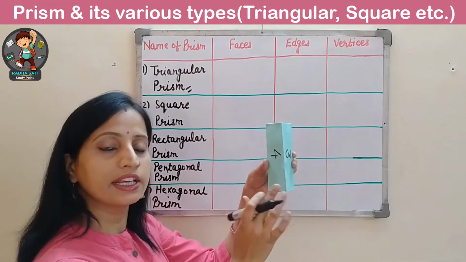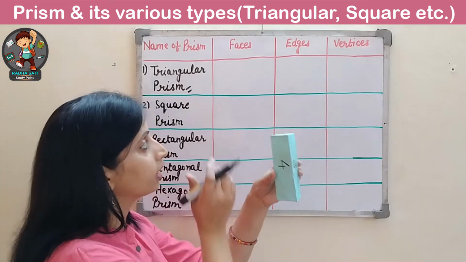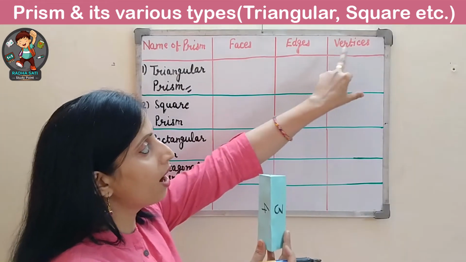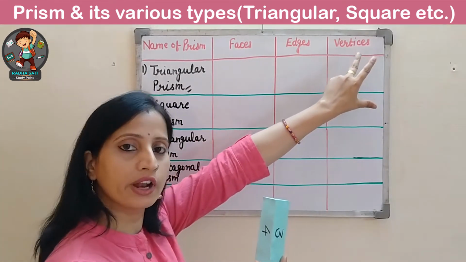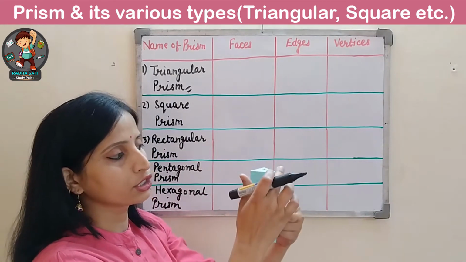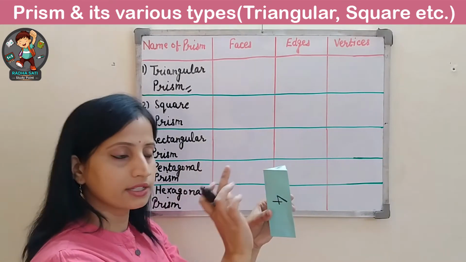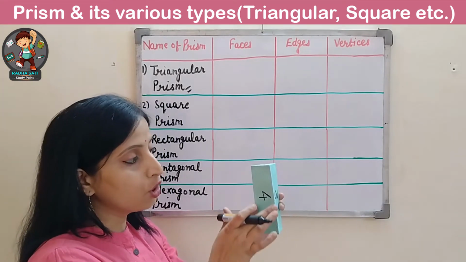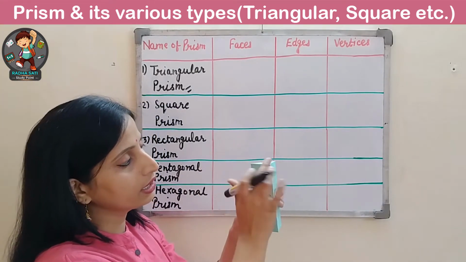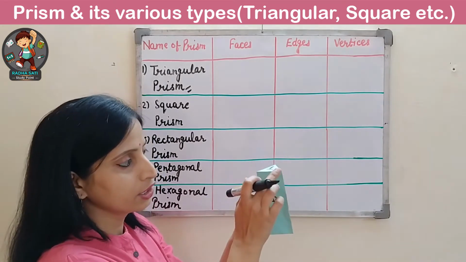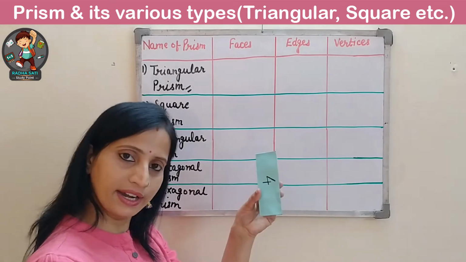That line segment is known as an edge, or the plural, edges. Similarly, vertices. Vertices is the plural form of vertex. Vertex means the corners. The point where two or more edges meet is known as a vertex. So here these are the vertices.